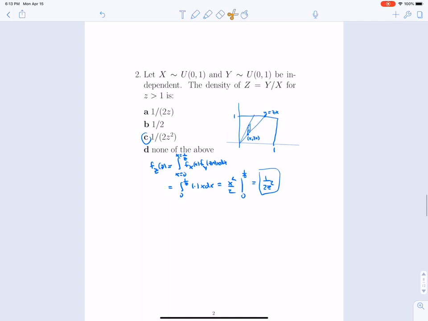The other case is when the slope is greater than 1, in which case now we can only integrate from 0 to 1 over z, as shown in this picture here, because this point right here is 1 over z. This x is 1 over z because y here is 1. And we get 1 over 2z squared.